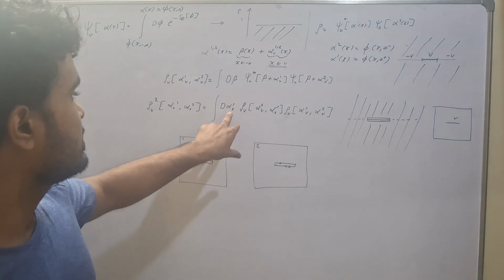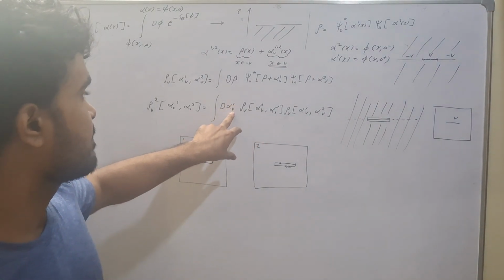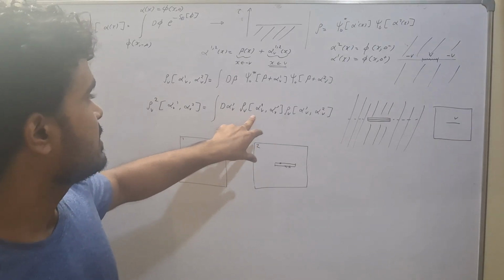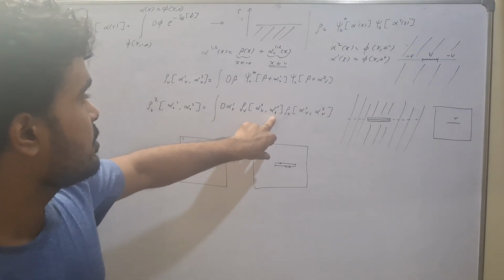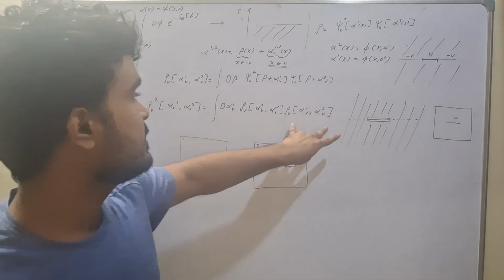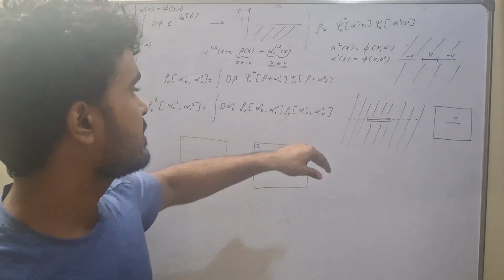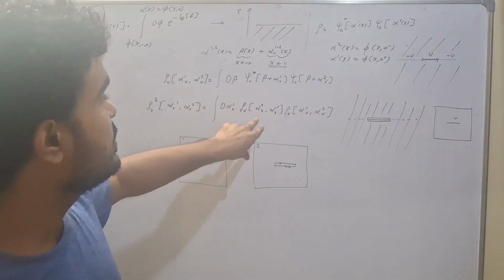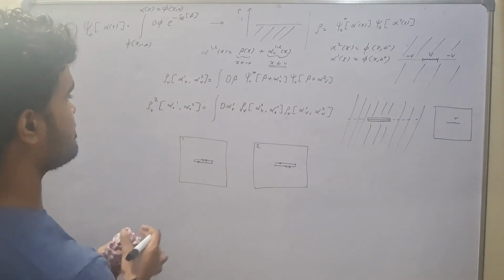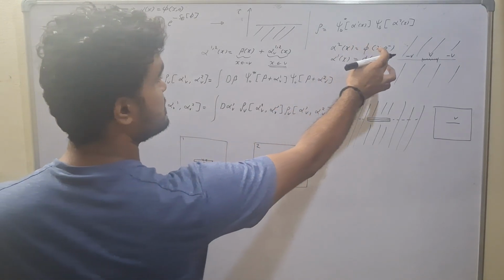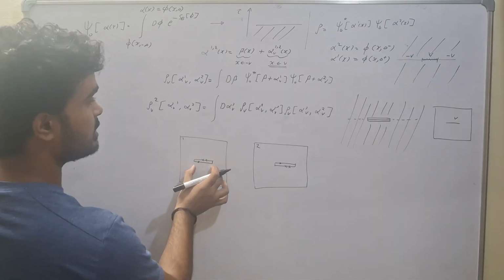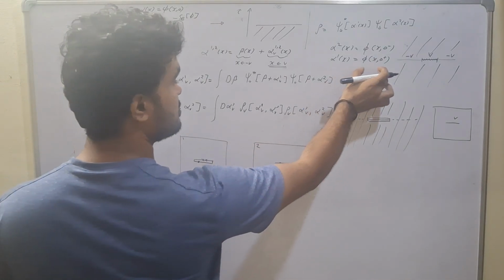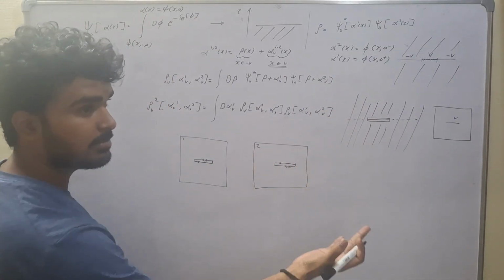Because the integration is over alpha prime, and alpha prime appears at the alpha 2 location in the first replica and the alpha 1 location in the second replica. This integration means we are gluing the alpha 2 boundary, the 0 minus boundary, to the alpha 1 boundary, the 0 plus boundary of the second replica.